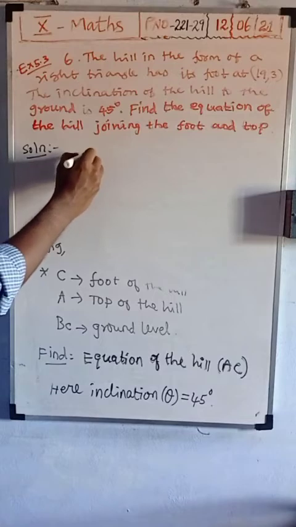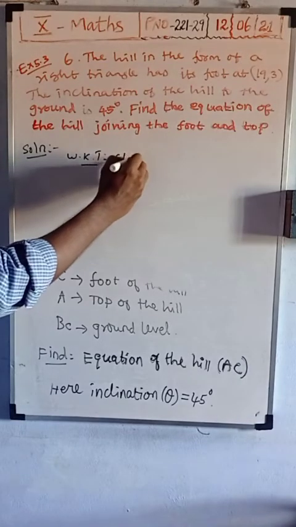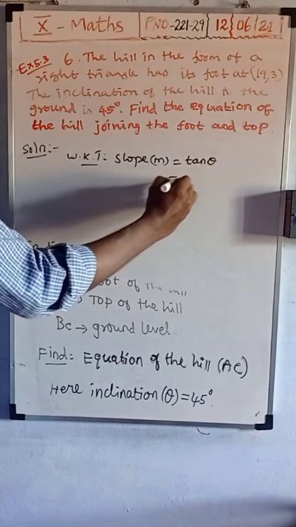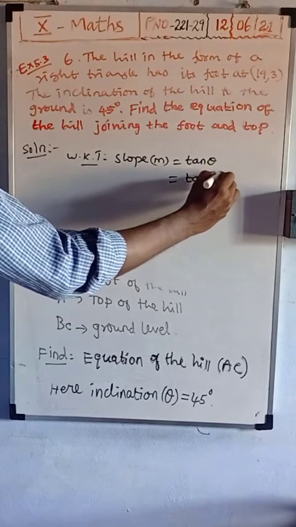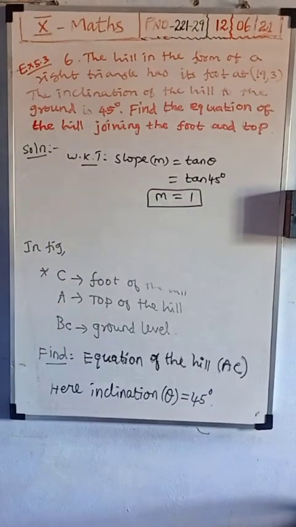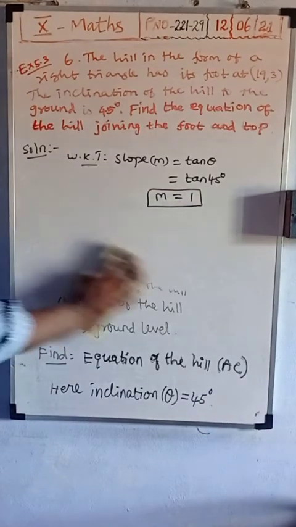Then we know that slope m is equal to tan theta. So instead of theta, 45 degrees, tan 45 degrees value is 1. So we received the slope. One point is there.